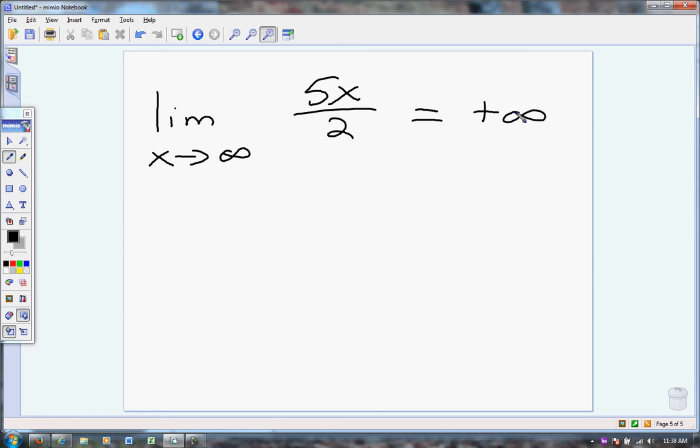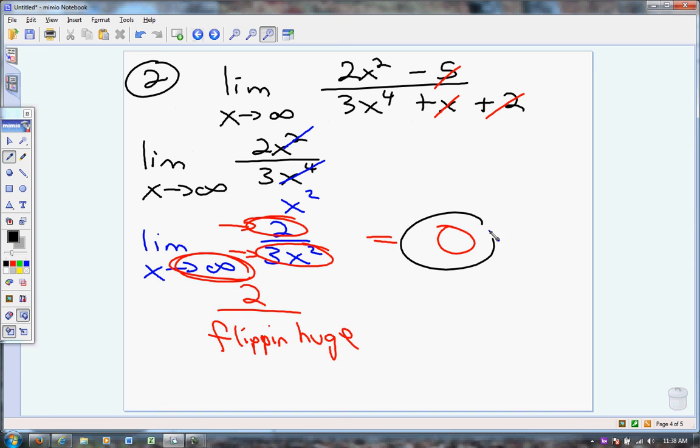Because we're going to have a number so large that even if we divide it in half, it's still going to be really, really large. Okay? So if you have the opposite, it's infinity. If you have the x in the bottom, like we said here, it's going to be 0. All right? So that gets us started on limits at infinity, and we will stop there for today.